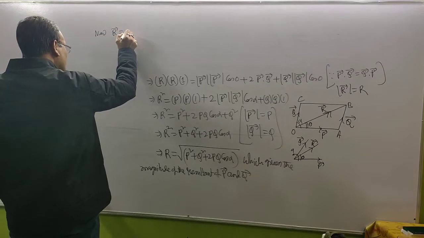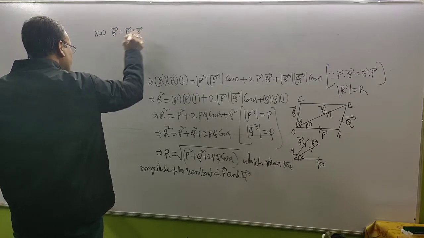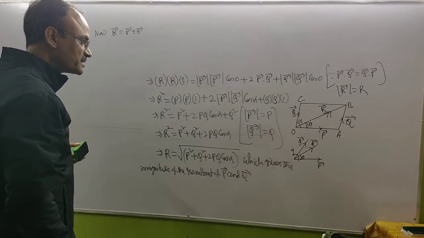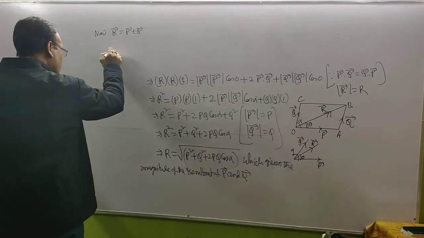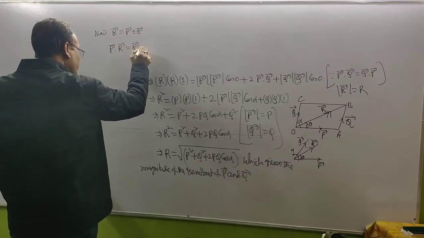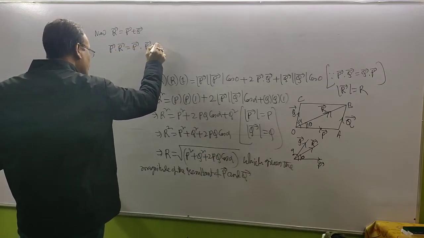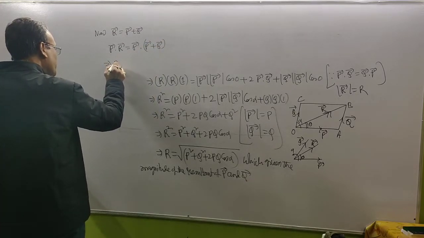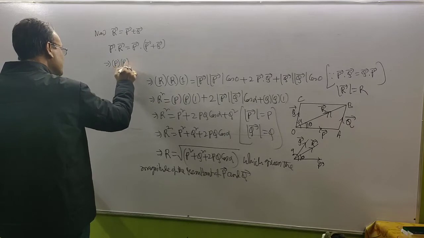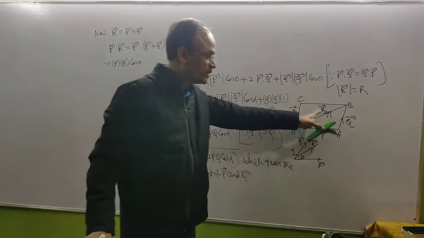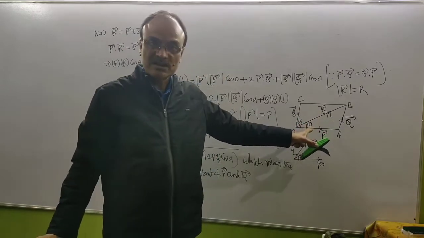Now, R vector equal to P plus Q. Taking P dot R will be equal to P vector dot P plus Q. This means PR cos theta, the angle between P and R is theta.